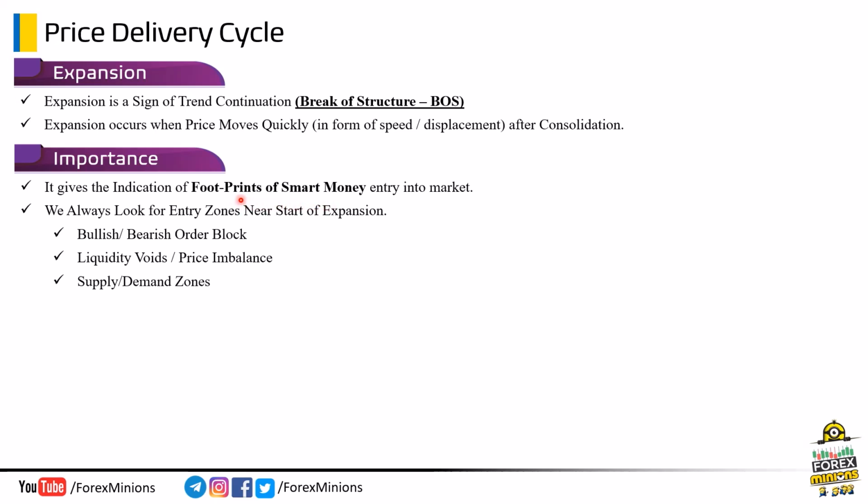What does it mean? Where there is an expansion, it indicates that smart money has entered at this point. Secondly, we will always look for an entry zone near the start of expansion. I repeat, the starting zone of expansion will provide us an entry zone. The entry zone can be in the form of an order block, price imbalance, supply and demand.